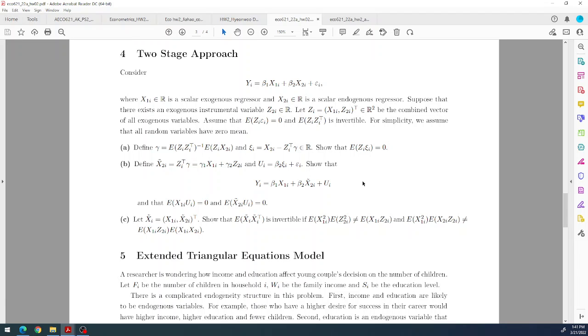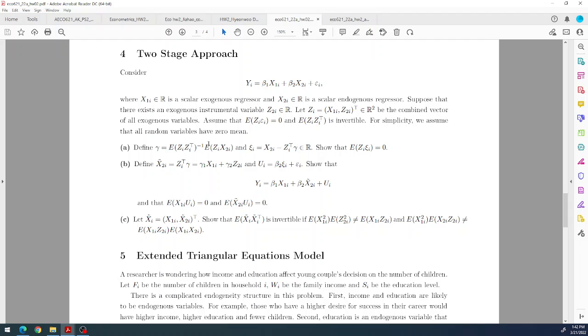Whenever you have an endogenous variable and an instrumental variable, you can set up the coefficient and the error term such that the error term is always exogenous, like the instrumental variable is always exogenous, orthogonal to the error term.